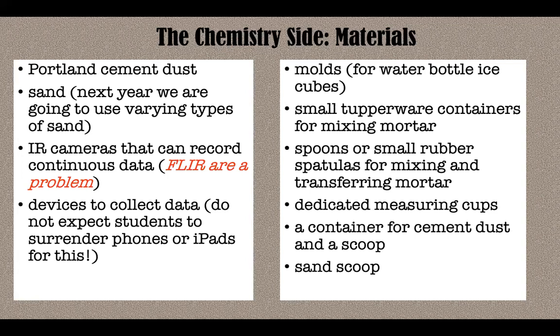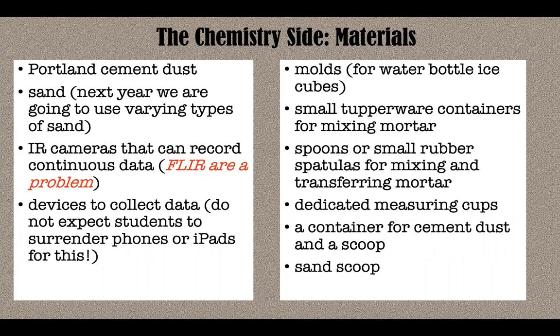I bought a container, I think it was actually like a milk or juice thing that you'd put in the refrigerator, that had a top and a lid, and we put a reasonable amount of cement dust in it. You could use any kind of container for that, because you don't want an 80-pound bag of cement dust open in your lab. Even thinking about that gives me the shivers.